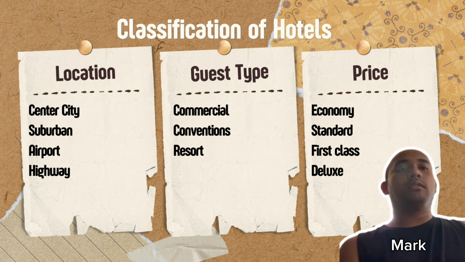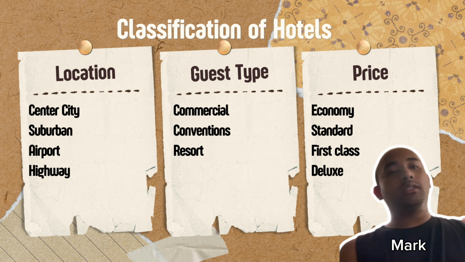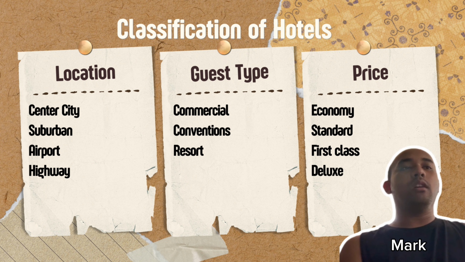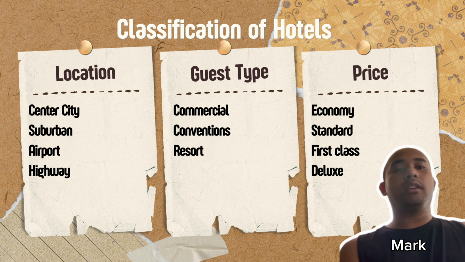And here are some of them: economy or budget hotels, affordable accommodation with basic amenities; mid-range hotels, which offer a balance of comfort and affordability; luxury or high-end hotels, boutique hotels, resort hotels, business hotels, and extended stay hotels. Each classification offers a different experience and caters to varying needs and preferences of travelers.